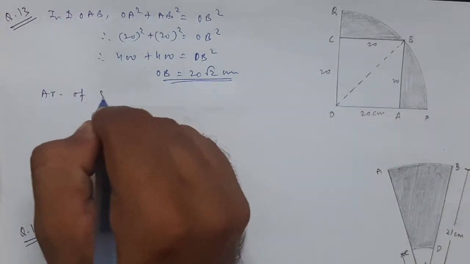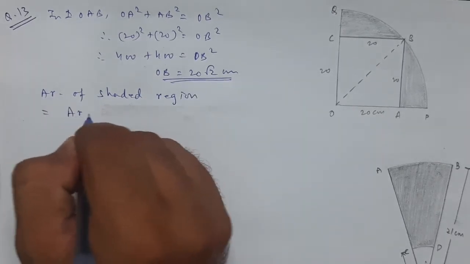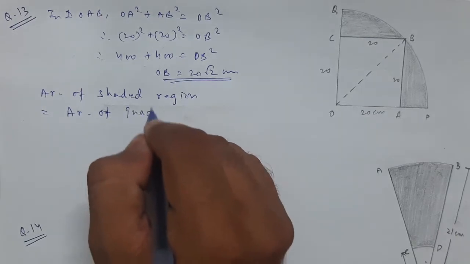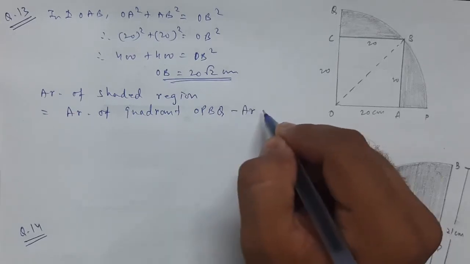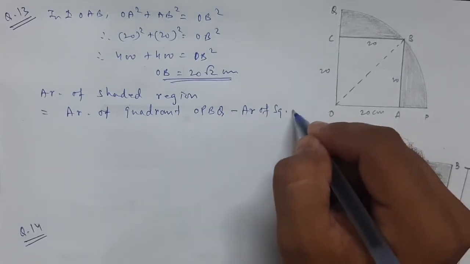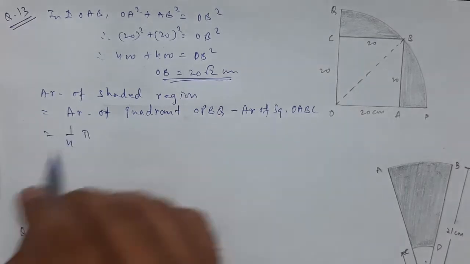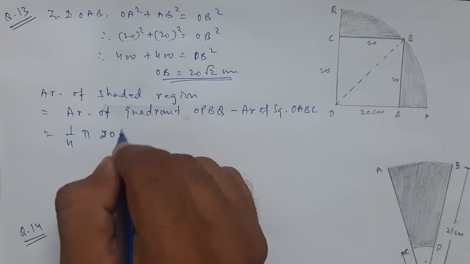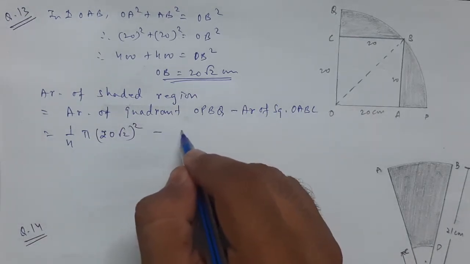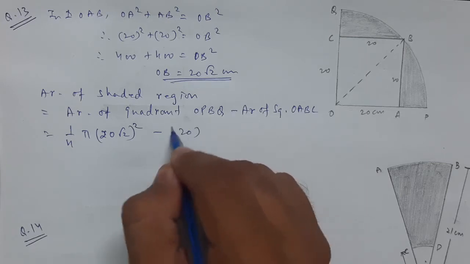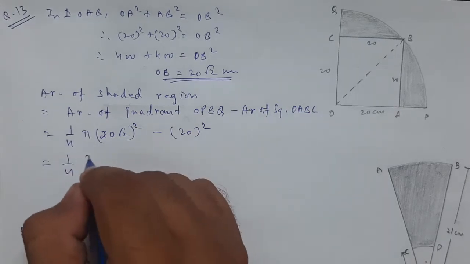So area of shaded region is equal to area of quadrant OPBQ minus area of square OABC. So that is equal to 1 by 4 pi, 20 root 2 whole square, minus side square, that is 20 square. Here you have to substitute the value of pi as 3.14.